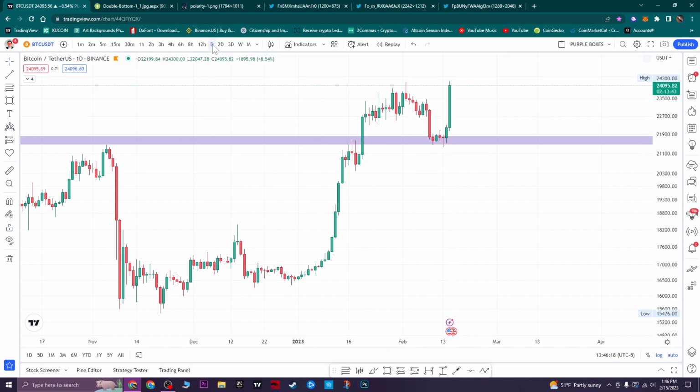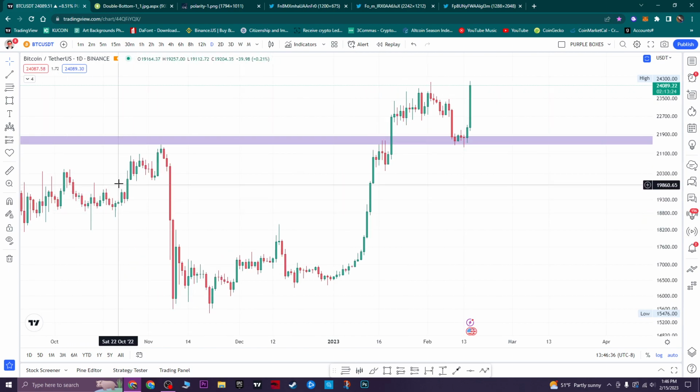Right? This is the daily chart. On the daily chart, look at this high. This high right here, this is what we call resistance. How do we identify resistance and support levels? This way.